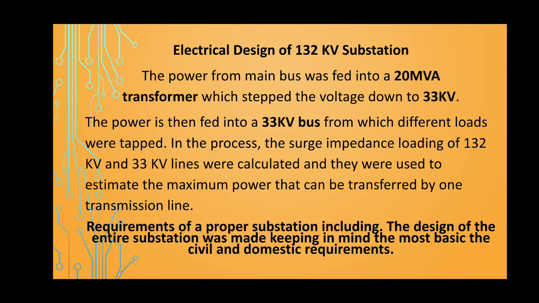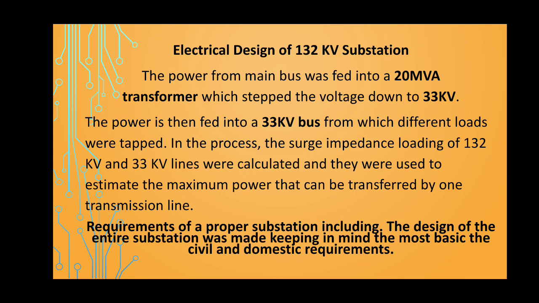Next, we have to see the electrical design of the 132 kV substation. The power from the main bus is fed into the 20 MVA, megavolt ampere, transformer, that is the rating capacity of 20 MVA, which steps down the voltage to 33 kV.